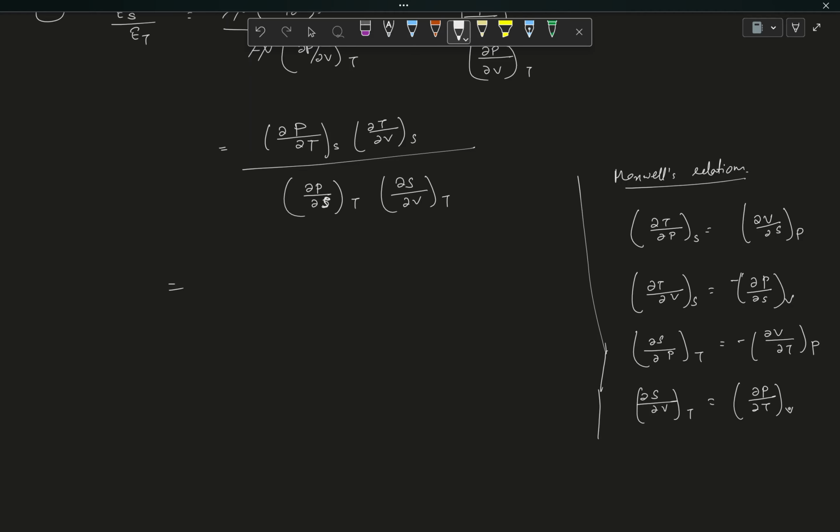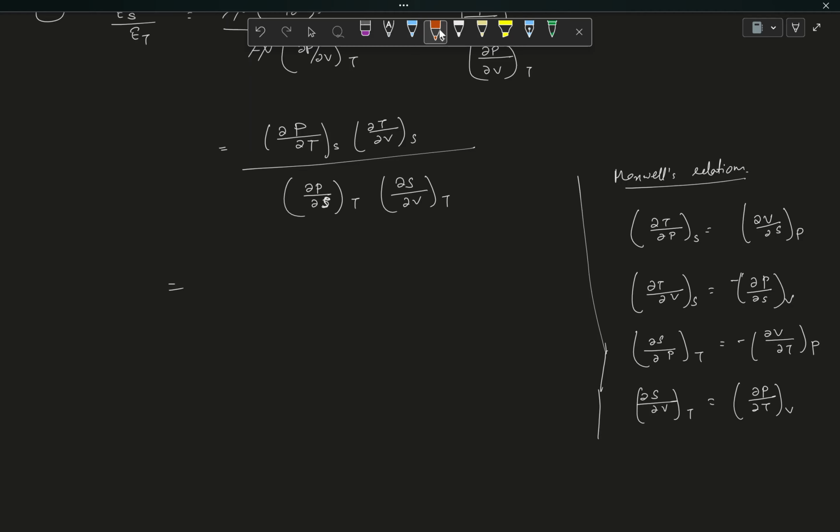So then you can change your, what was that? Yeah, del S del V at P constant was there. So let us now modify some of those terms.